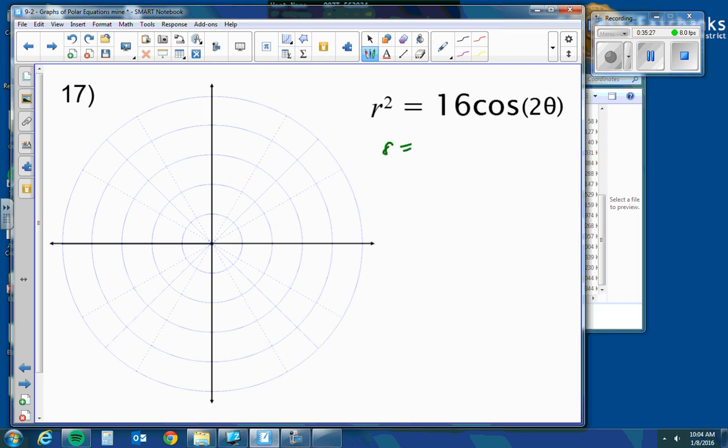That's all I know. And once again, because it's cosine, you just go out horizontally. Cosine starts as 1. So your first petal's at 0.